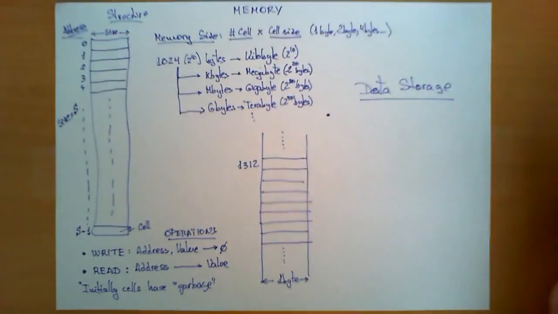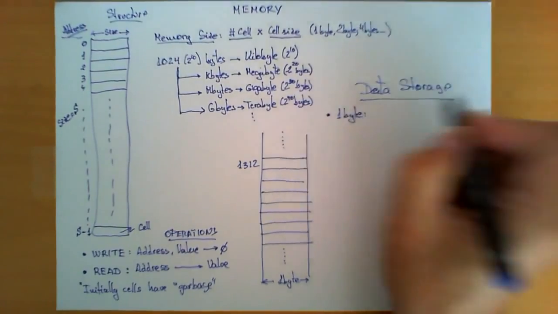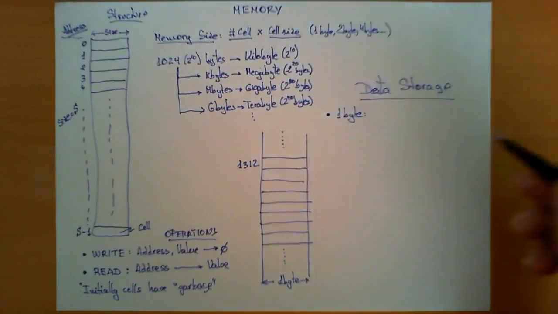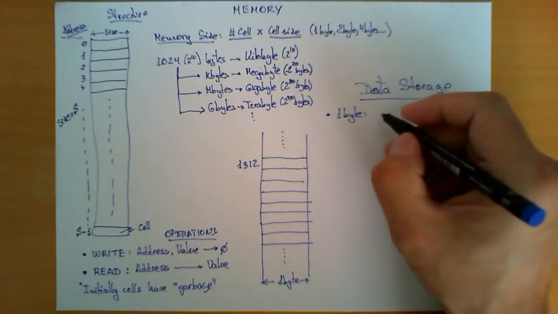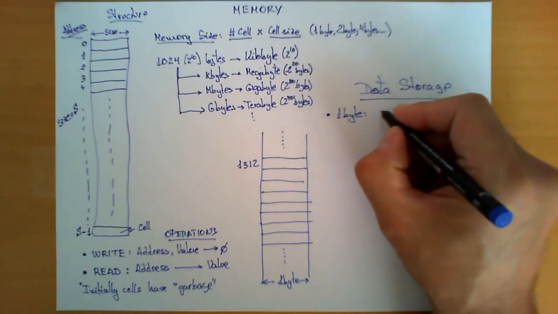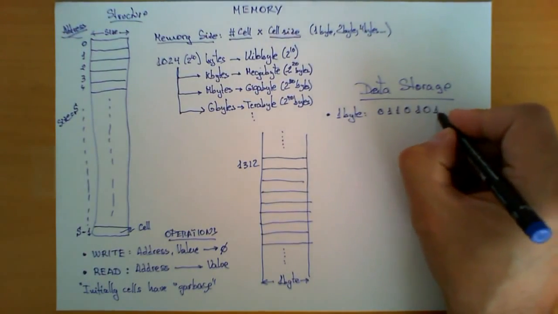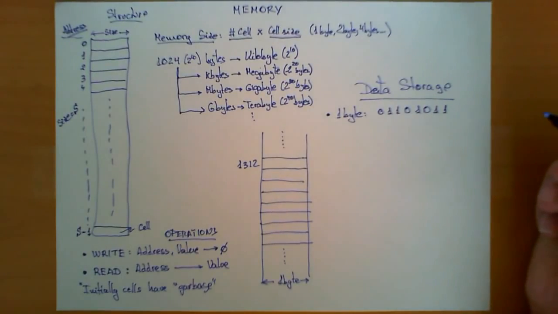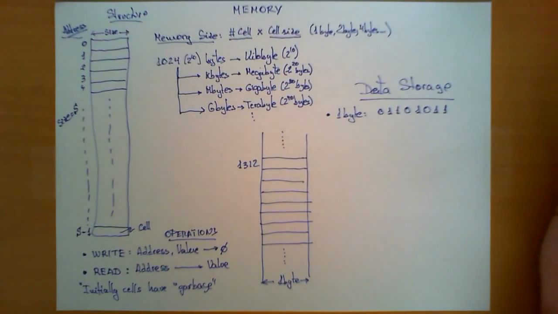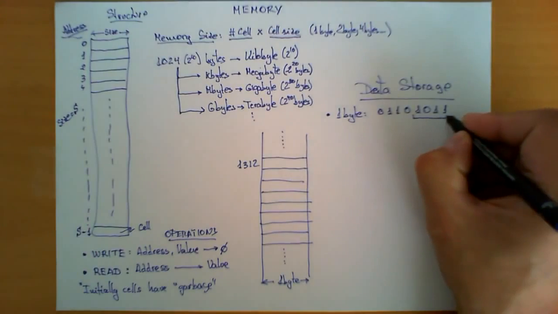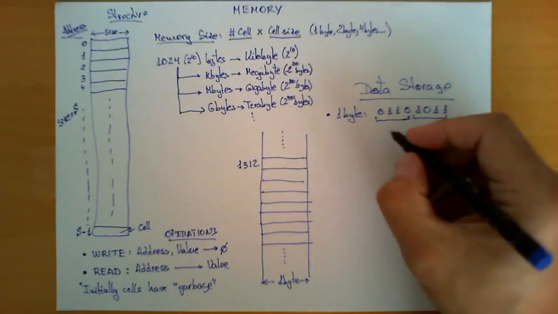So let's start with the example. Let's see the easiest one. How do we store 1 byte in memory? Well, this is a piece of cake, right? 1 byte, we say, is 8 bits, and the byte could be represented by the 8 bits, let's say 0, 1, 1, 0, 1, 0, 1, 1. But you'll agree with me that this is a little bit cumbersome to manipulate, and the trick we learned before is that we can group these bits in groups of 4 and translate them into hexadecimal notation.